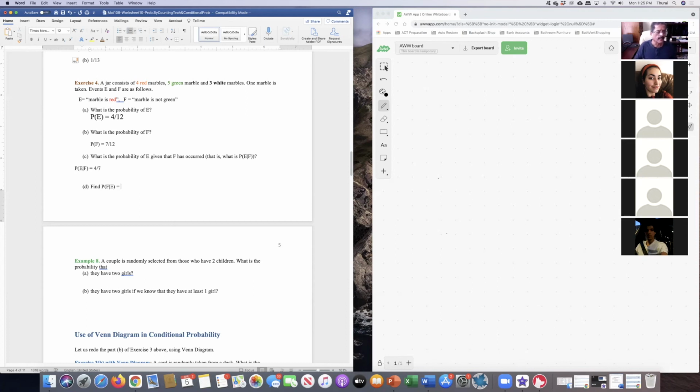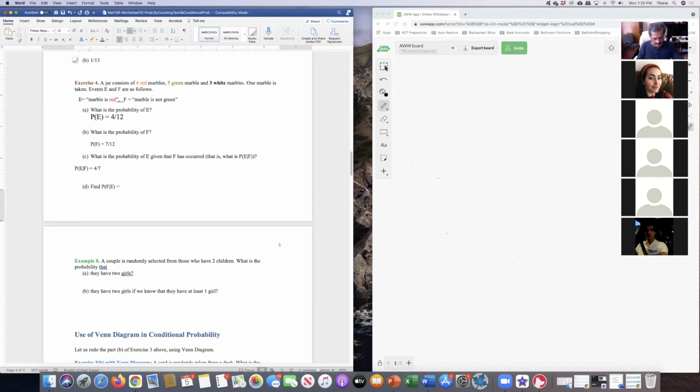So if you want to look at it that way, the marble is red means there are 4 marbles in the sample space. How many of those 4 will make the event F happen? All 4 of them, any one of the 4. Because if it is red means it's not green already, right?